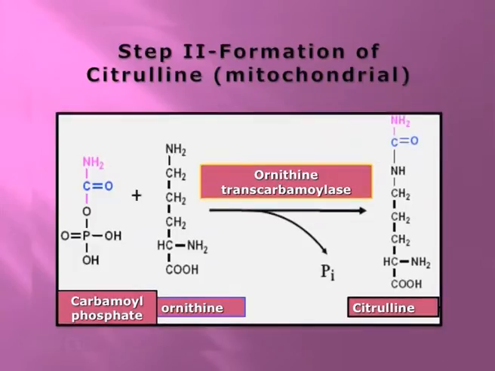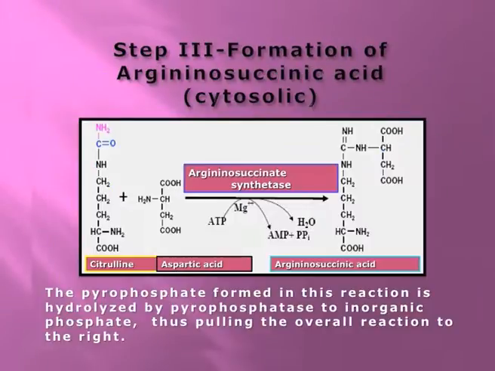In step 2, the enzyme catalyzing the reaction is ornithine transcarbamylase, and it is also a mitochondrial enzyme. The carbamoyl group from the carbamoyl phosphate reacts with ornithine to form citrulline. Citrulline, after its formation, enters the cytosol where the 3rd step of the urea cycle occurs.